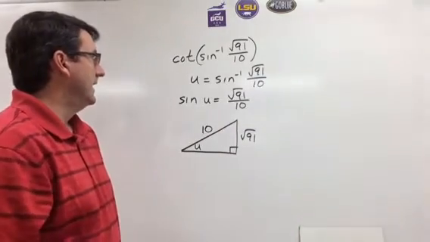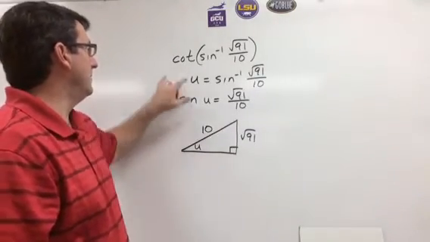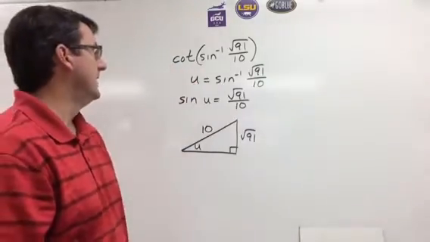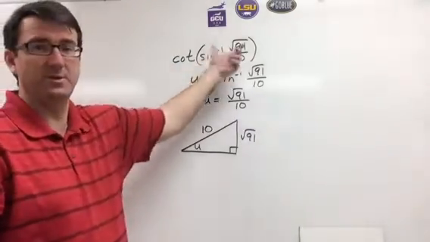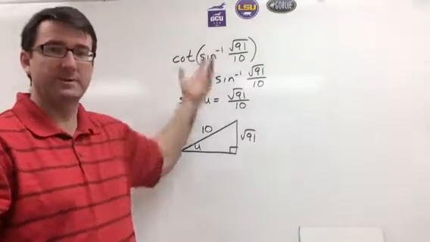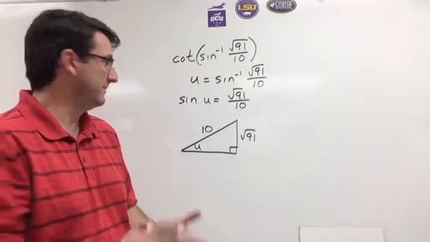So now what we're trying to find is the cotangent of u. Since all of this is u, if we find the cotangent of u, we'll have solved the entire expression.